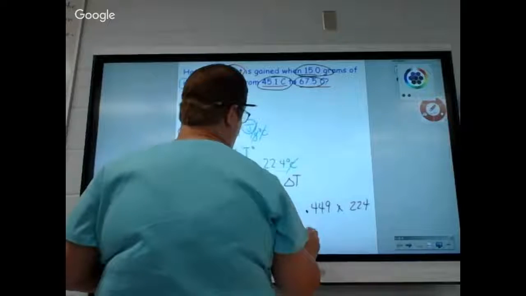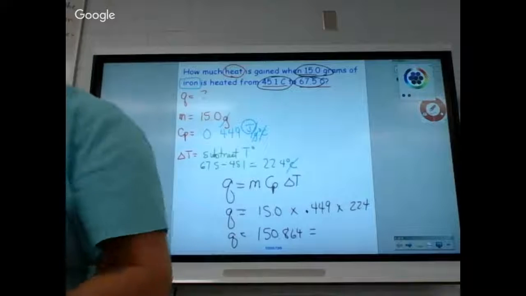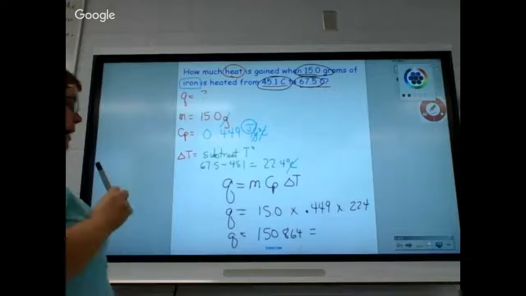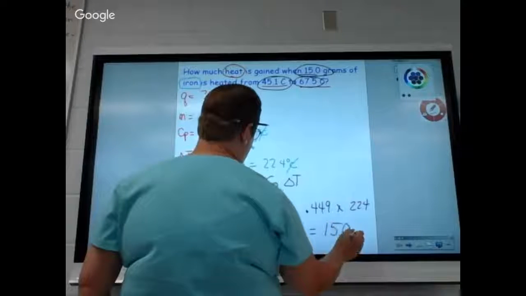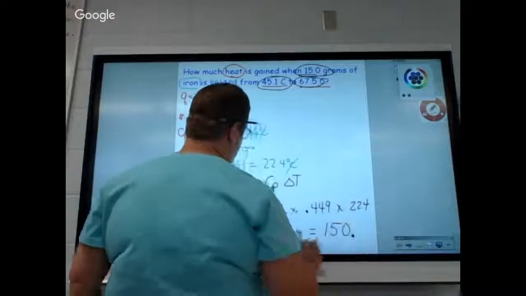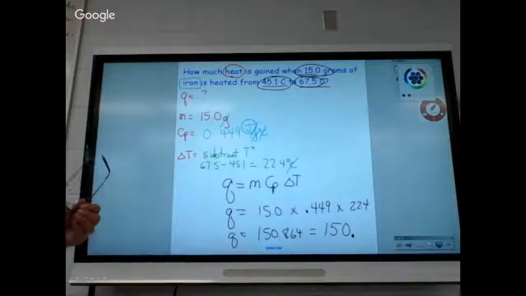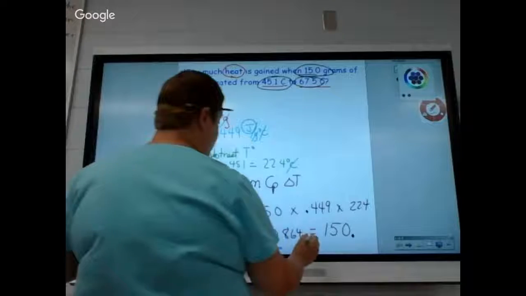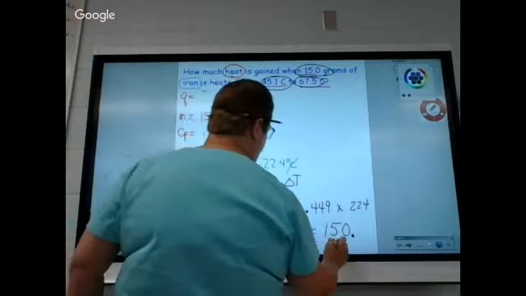So, when I round my answer off, I need how many significant digits? 3. So, when I write this 150, I need to keep the what? The decimal, so that that 0 is what? Significant, or I could just round that to 151.